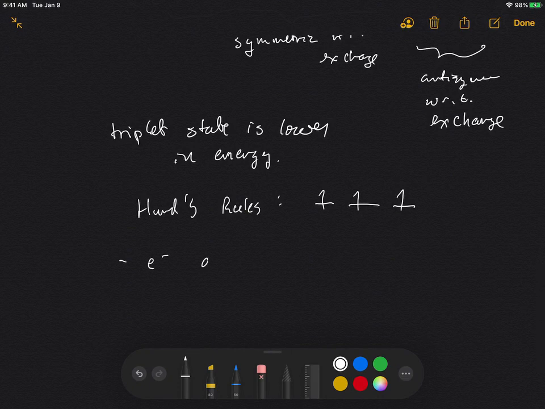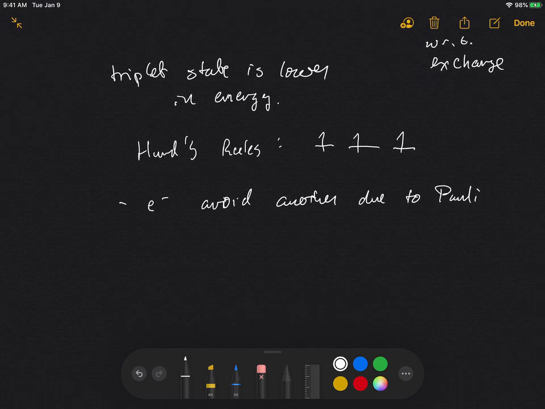So the electrons avoid one another due to Pauli exclusion, or due to the spatial parts being out of phase with one another.